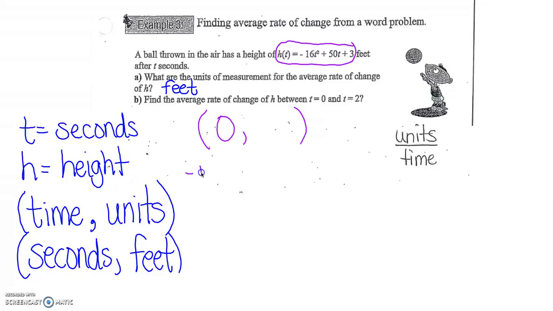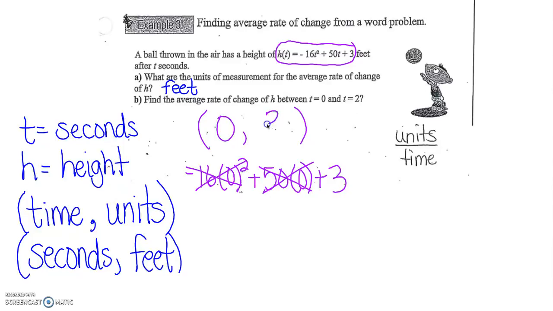So I'm going to do negative 16 times 0 squared plus 50 times 0 plus 3. 50 times 0 is 0. 0 squared is 0 times negative 16 is 0. So that means my y value is going to be 3. Now, for t equals 2, I'll come over here and I'm going to do t equals 2.